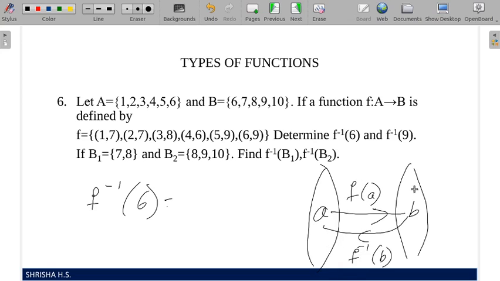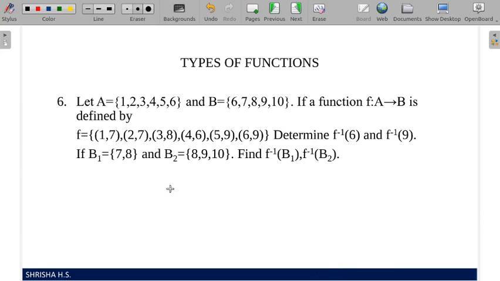So f inverse of 6. When there is inverse, we are looking at the image. So where is 6? 6 is here. So f inverse of 6 is 4.